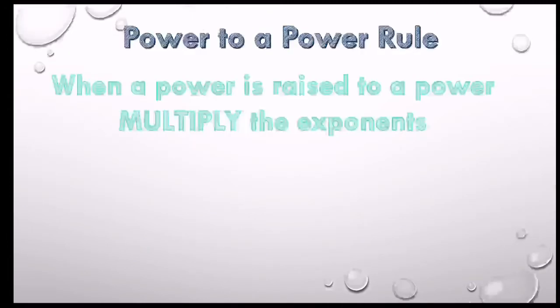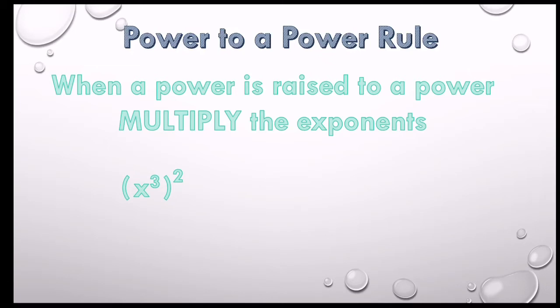Now, people get a little confused. Okay? What does that mean? Well, when you have a power and you raise it to a power, you multiply. So here's my power, right? I'm going to take that and raise it to another power. If you go back and look at your notes from part 2, you had 2 or 3 multiple bases.